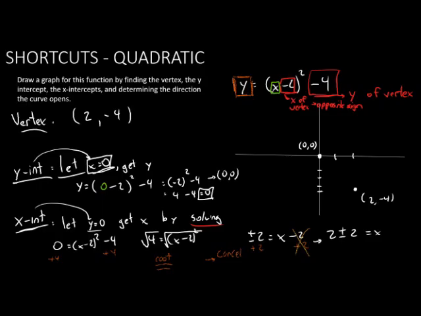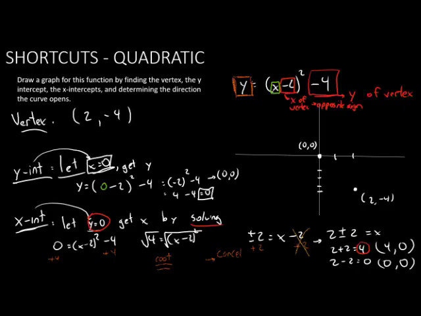Let's look at that arithmetic now. If we take 2 plus 2, that's going to give us 4. So our point would be 4, 0. We already know y is 0, and we just got an x of 4. However, if we take 2 minus 2, we will get 0, meaning our other point will be 0, 0.